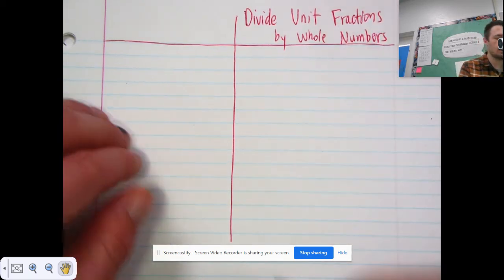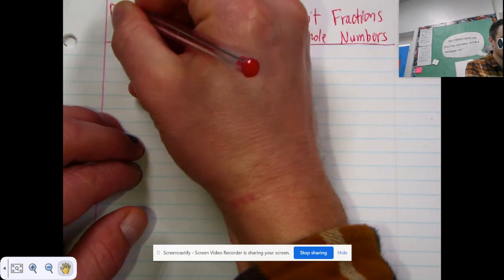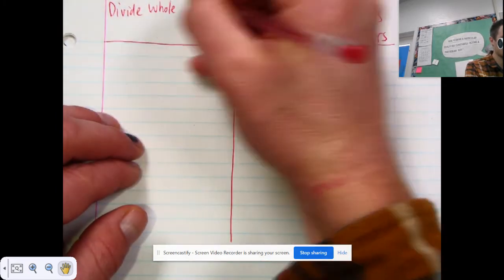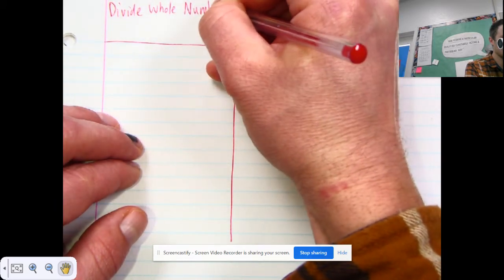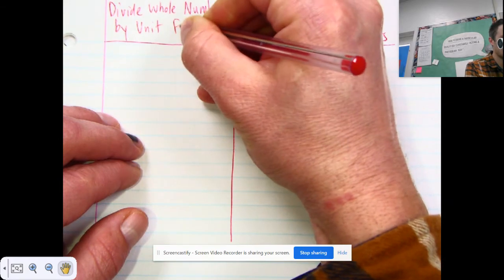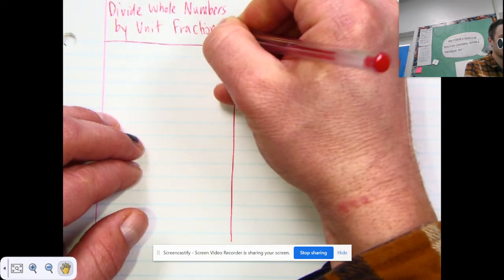And yesterday's lesson was about dividing whole numbers by unit fractions. Do you see the difference?